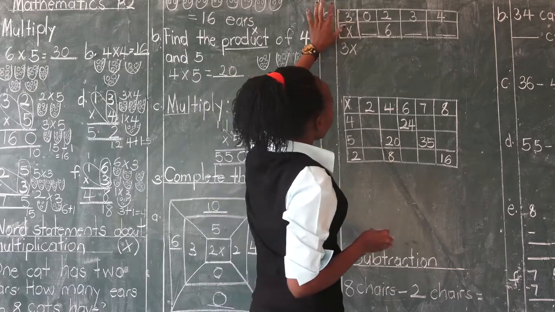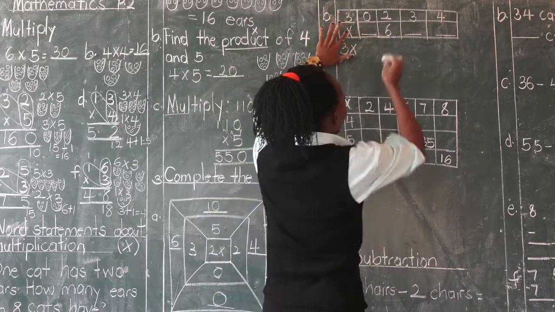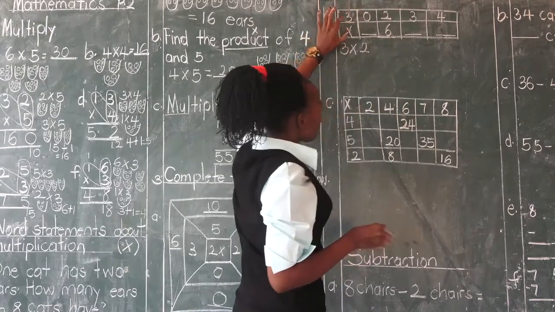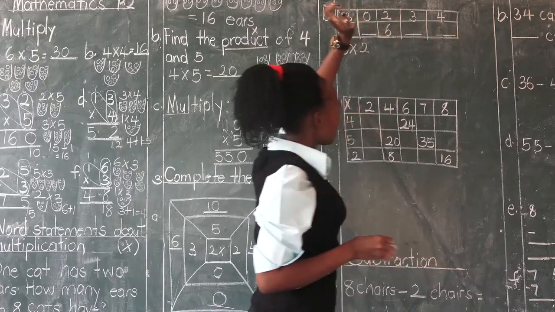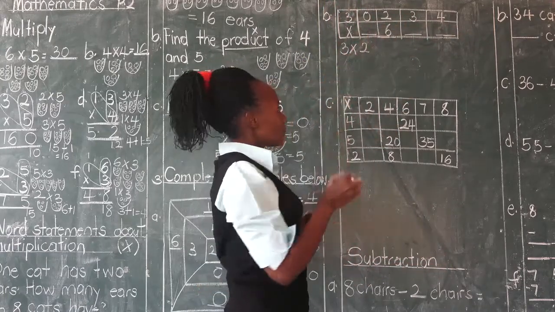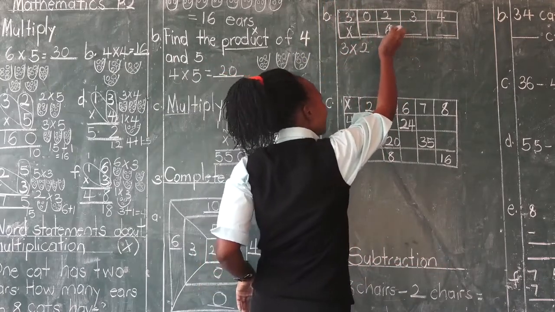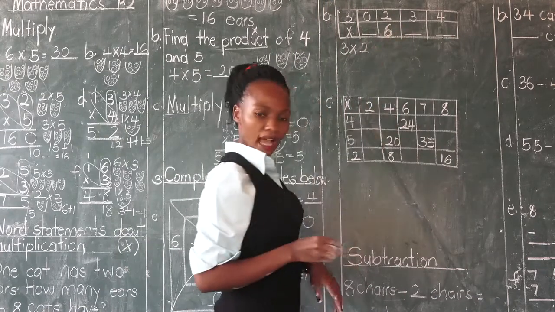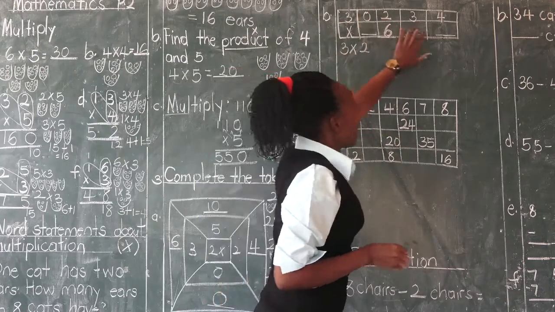Okay? Now we are going to get 3 times 2. Because you are going to get this, we multiply by these numbers to find out the answers. But we have to first find out how did they get this number 6. That's what we wanted to first find out before we find these numbers.